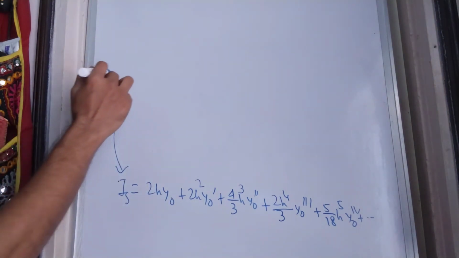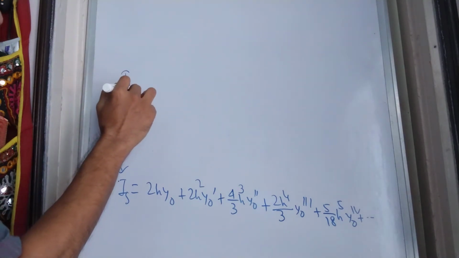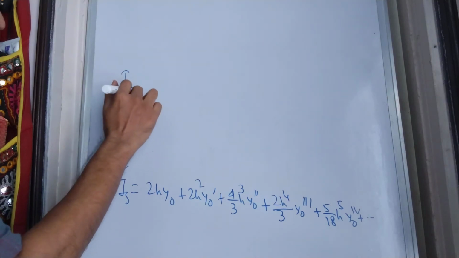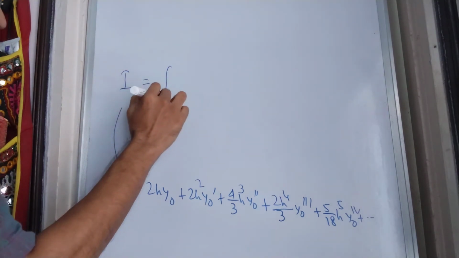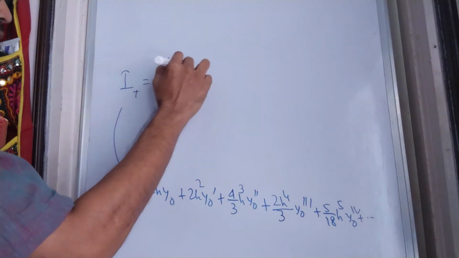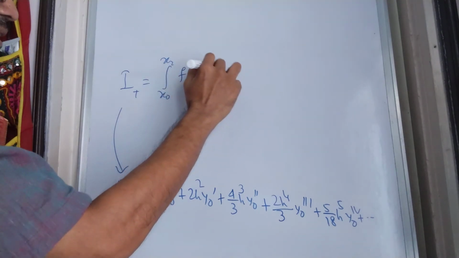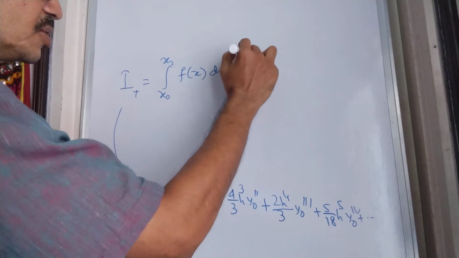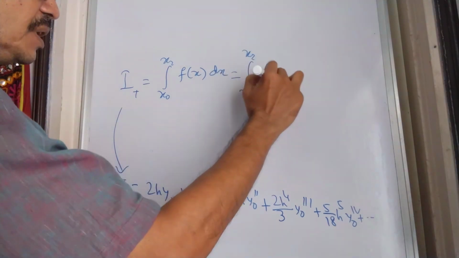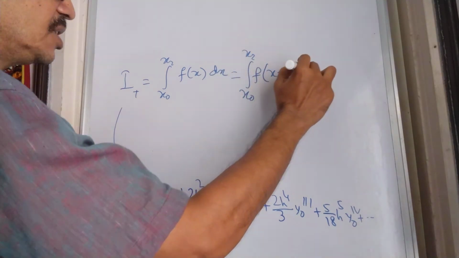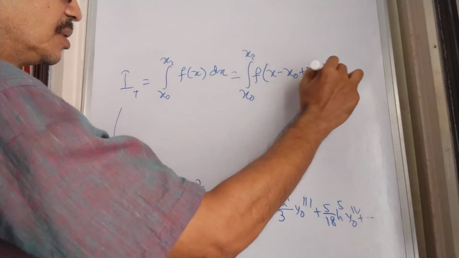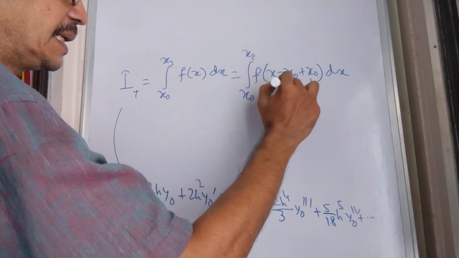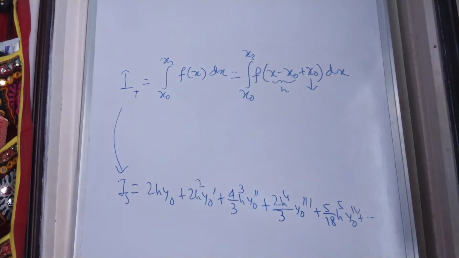So let's see what is the exact value or true value. We may write IT. It's nothing but the integral from x0 to x2 of f(x) dx, written as the integral from x0 to x2 of f(x minus x0 plus x0) dx. Here this is h.